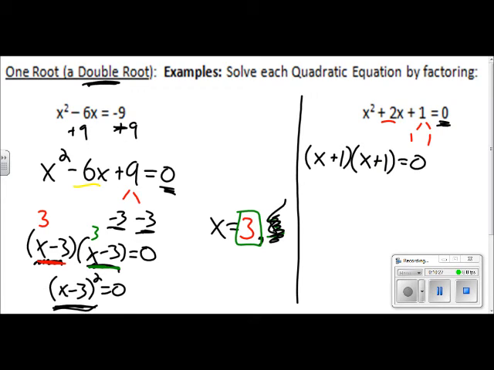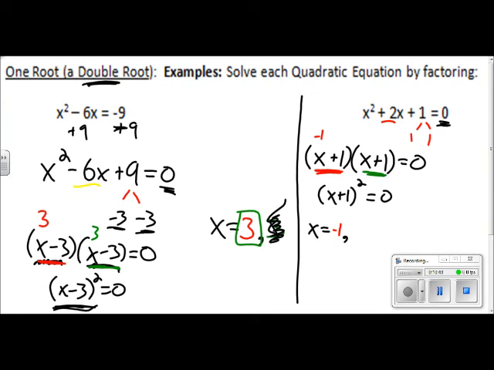Again, that still equals 0. Or we could call that x plus 1 squared equals 0. If we look at this case, our solution is x equals negative 1, because negative 1 plus 1 is going to be 0.